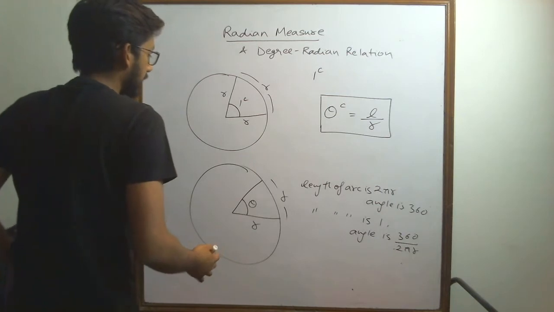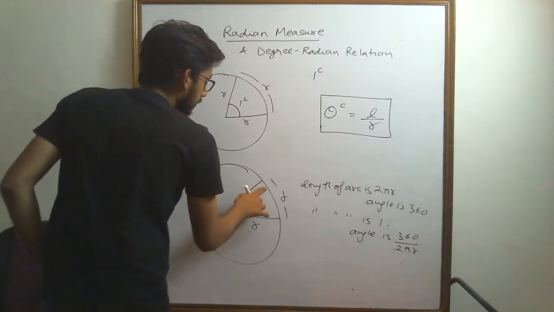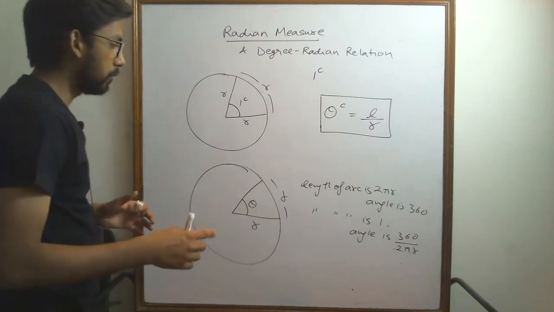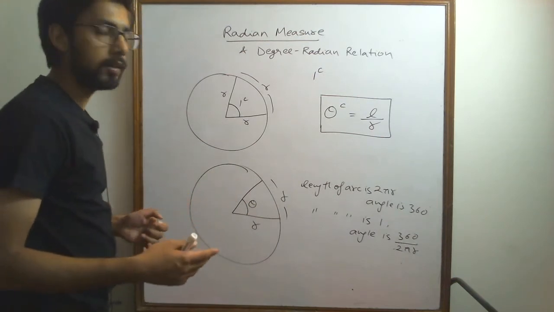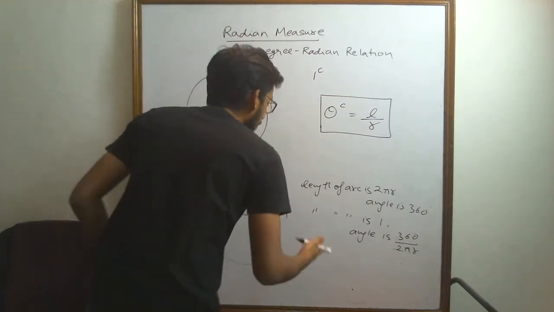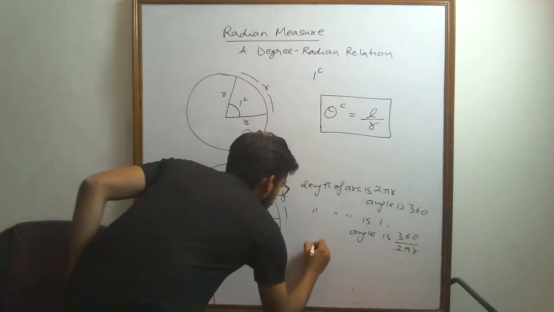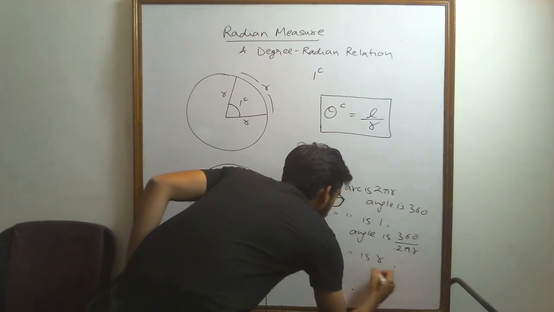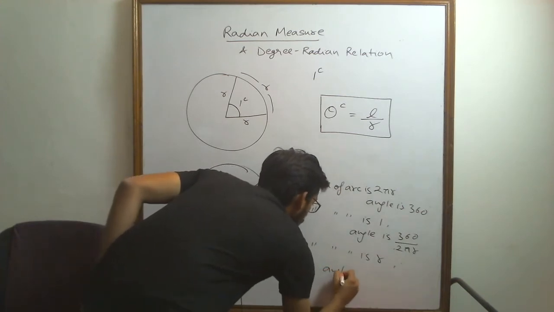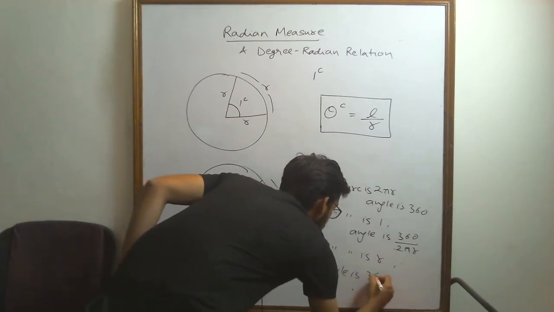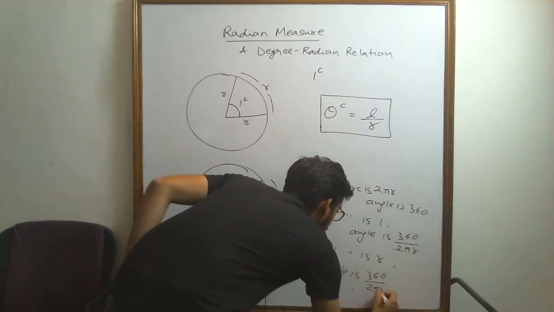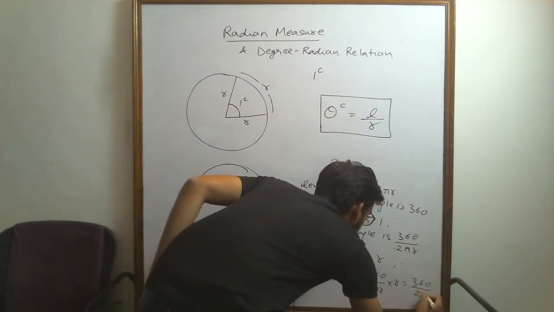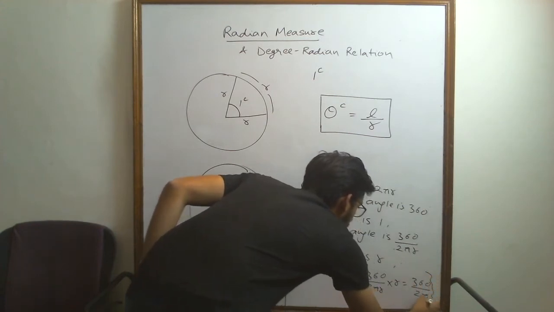Now what should we get? When the length of the arc is r units, we should get a constant value which is not dependent on r and it is fixed for any circle of any size. So let's see, length of arc is r units, then angle is 360 by 2 pi r into r, which is equal to 360 by 2 pi, which is a constant value.